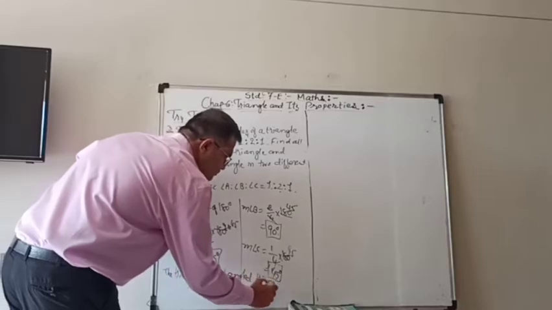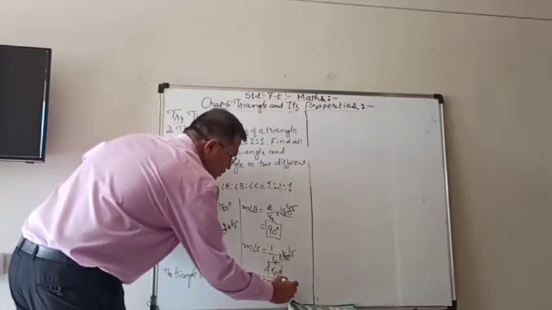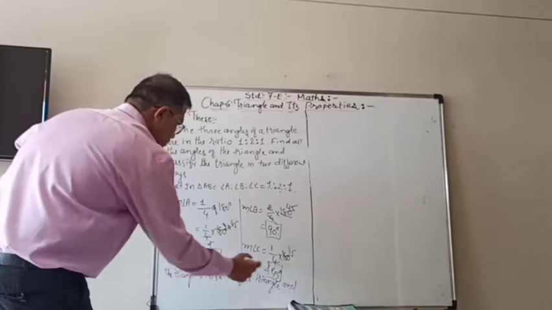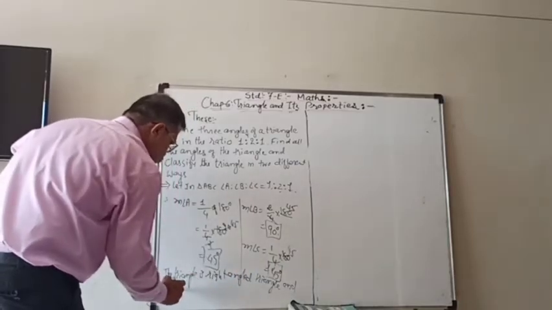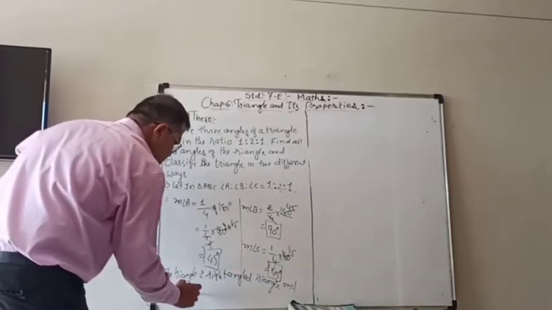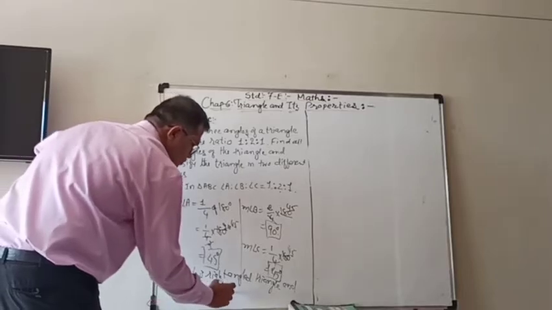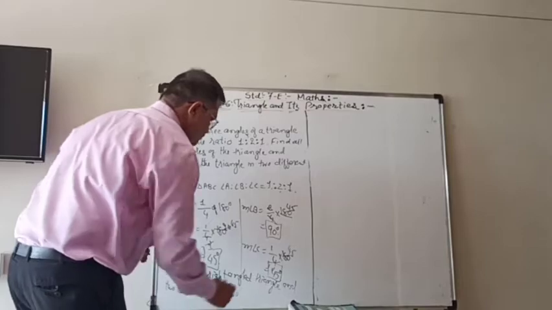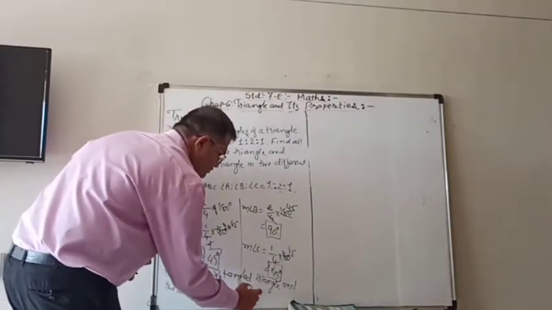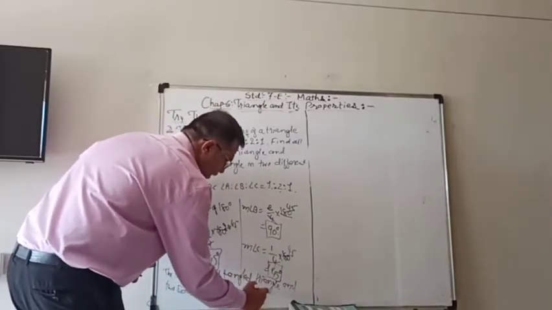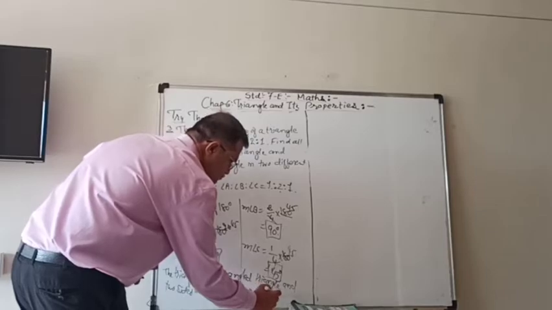And two sides will be equal because two angles are equal. So it is an isosceles triangle.